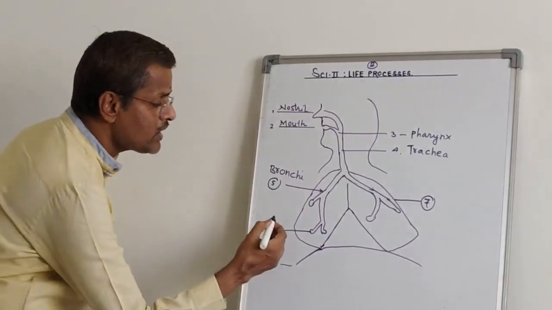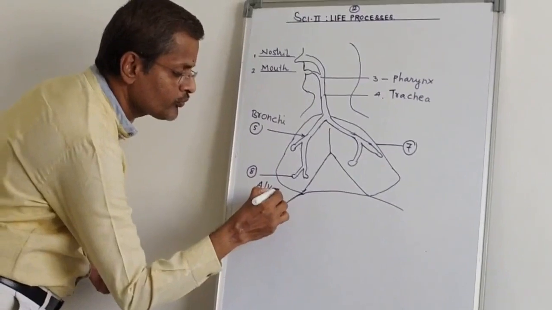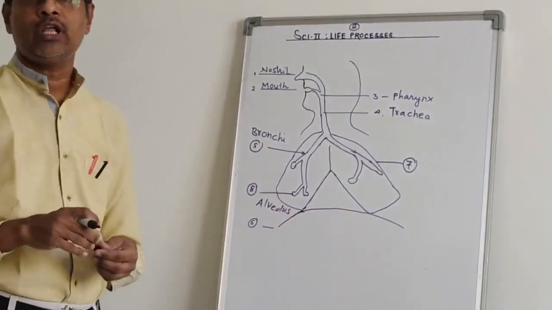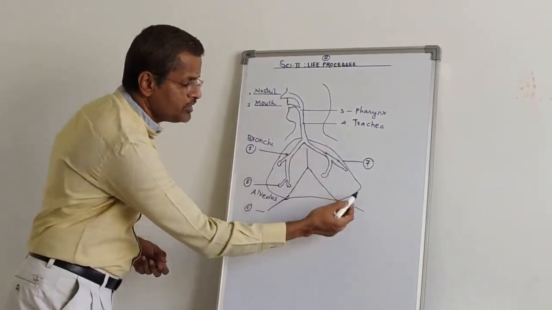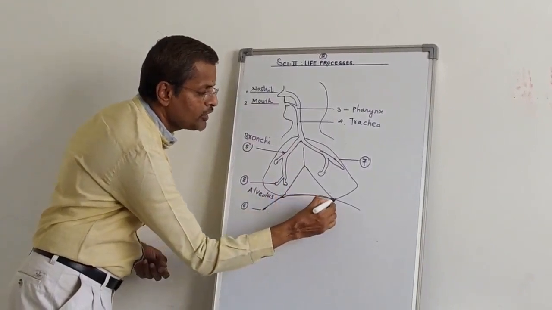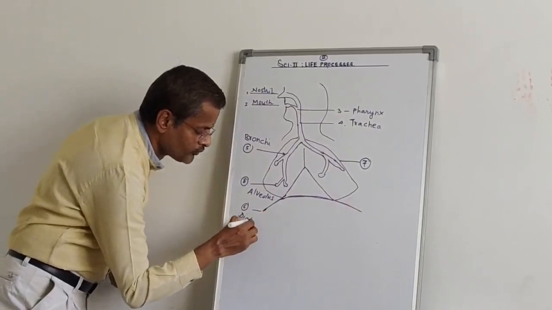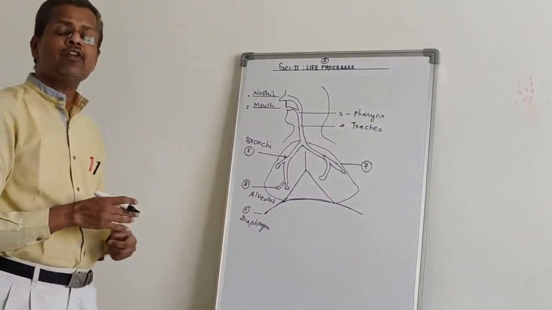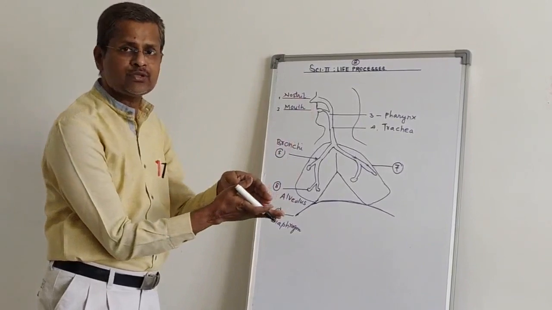These bubbles are nothing but alveolus. Singular it is alveolus, plural alveoli. Below these lungs there is a muscular curtain-like diaphragm. This diaphragm divides lungs and the digestive system.